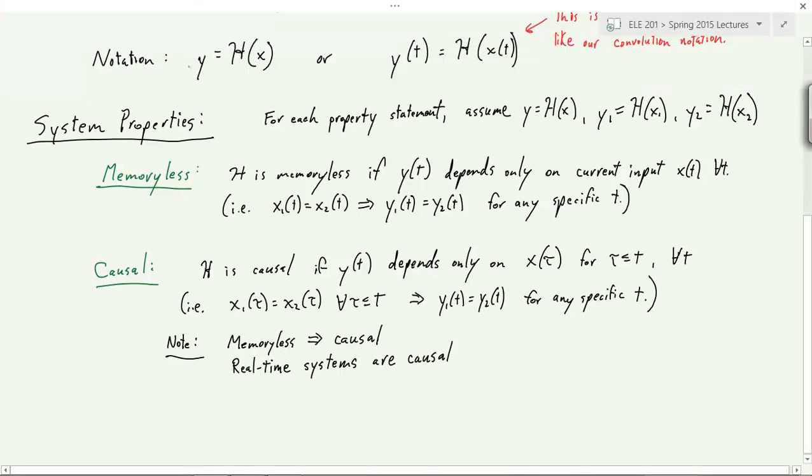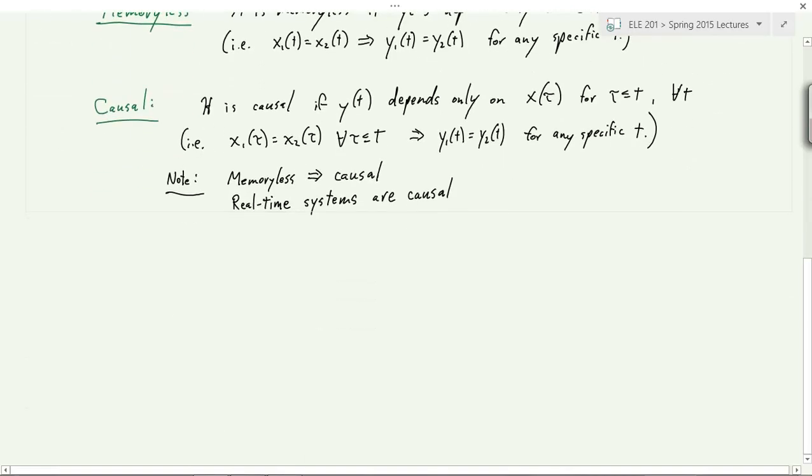Now, the notion of time invariance. Depending on the context, this is often referred to as shift invariant, and that name just means that the time axis doesn't always have to be time in your application.